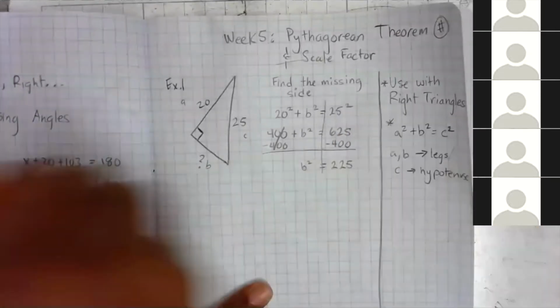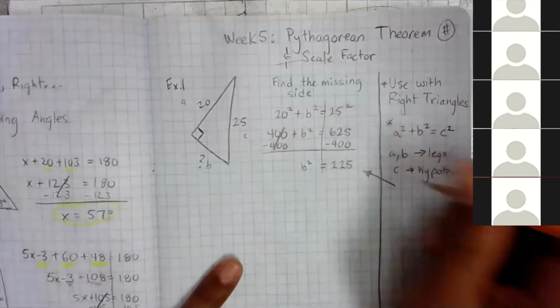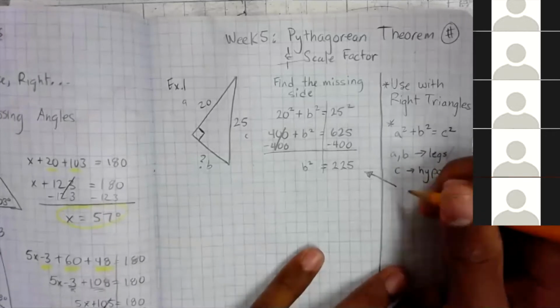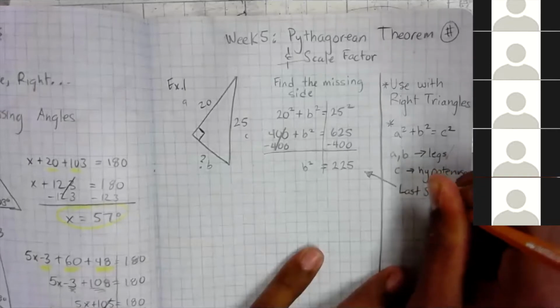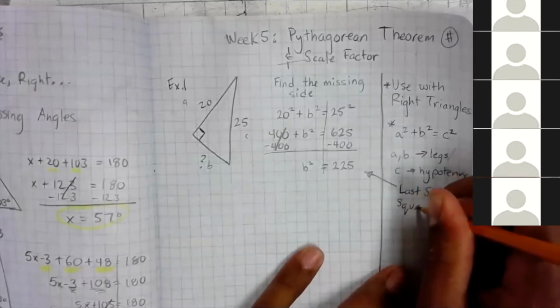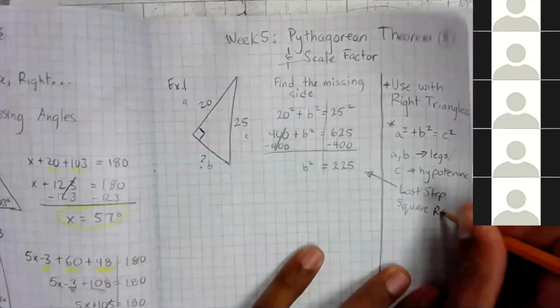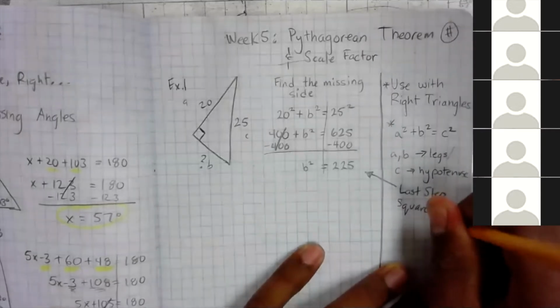And now the key step here is the last step. We need to square root. Actually, let me just write out the full name there.